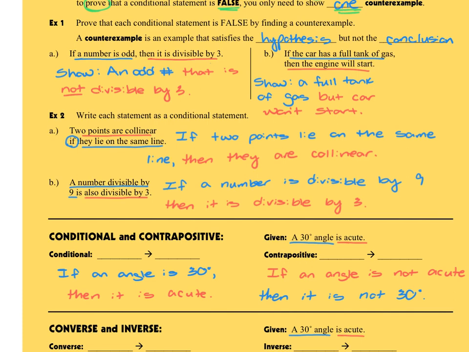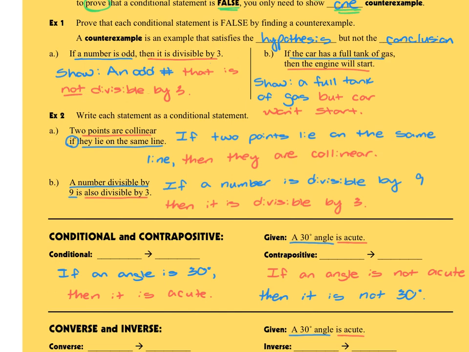So what you can see I've done in different colors is I underlined the hypothesis in one color and the conclusion in the other. So if I want a counterexample, I need to give an example of a number that's odd, that's going to satisfy the hypothesis, but I also want that number to not be divisible by 3. So I need to think of an odd number that is not divisible by 3.